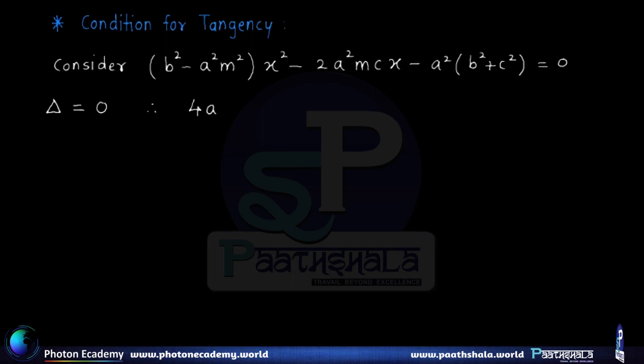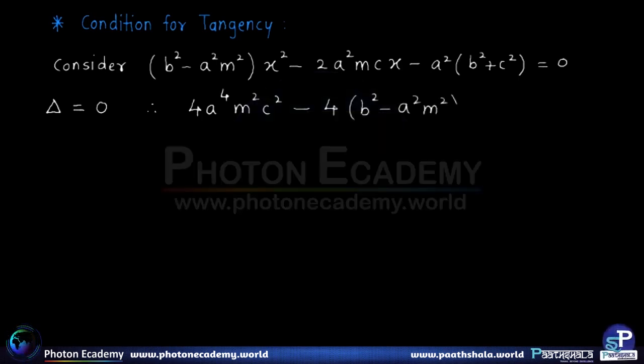So therefore let us write the discriminant. We get 4a^4 m^2 c^2 minus 4 into (b^2 minus a^2 m^2) into (minus a^2 into (b^2 plus c^2)), correct? Just write this carefully, there are a lot of terms.